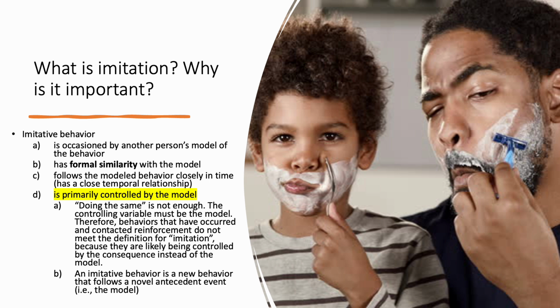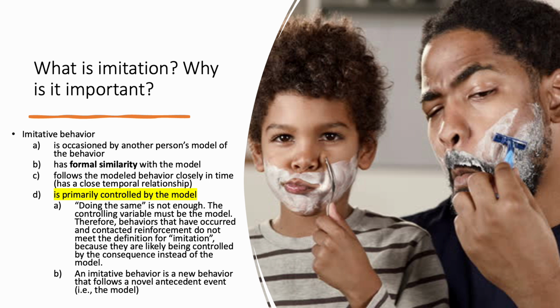Okay, now, when you are teaching a person a skill that resembles imitation, it doesn't mean that you're going to say, oh, that's not imitative behavior, right? You still have to teach the person to imitate, and the controlling factors are going to be slightly different. If you're teaching a person to engage in imitative behavior when they don't have that repertoire naturally, it's still necessary for us to teach them these skills.